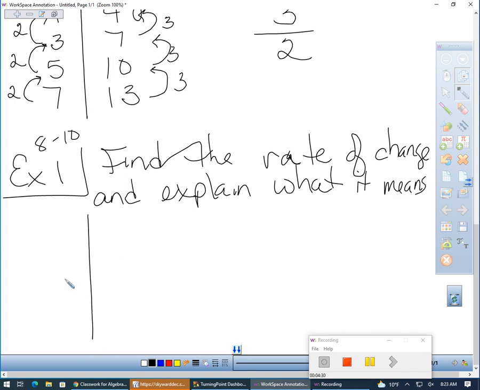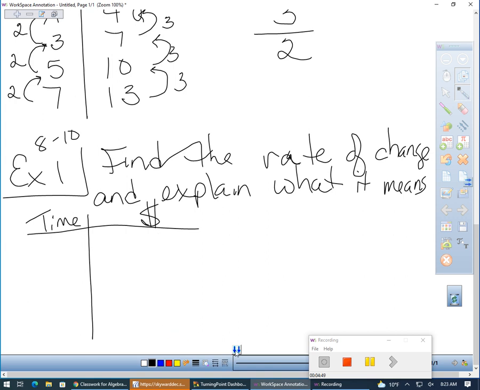So here's our table. In our table, instead of having x and y, let's say we have time and money.